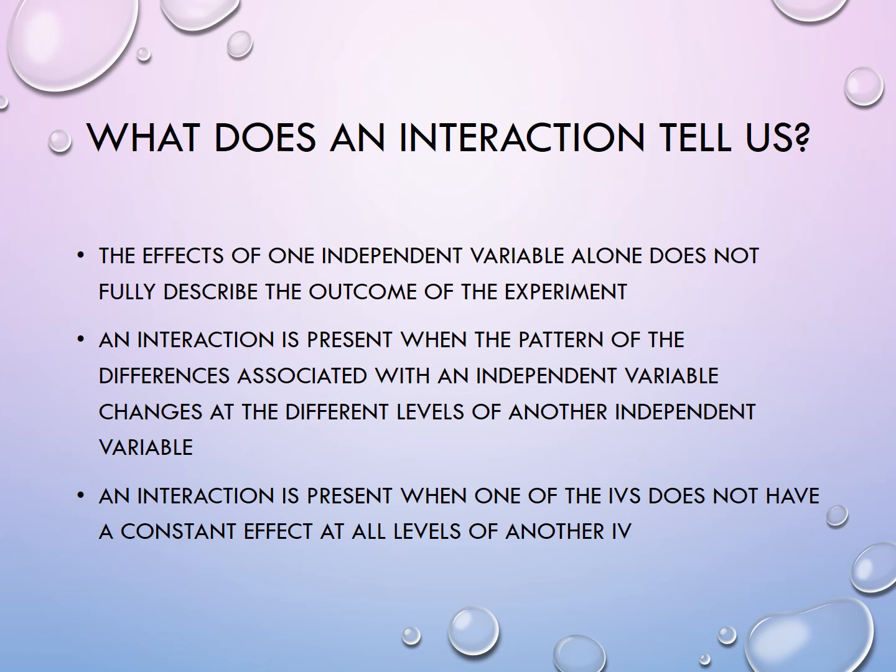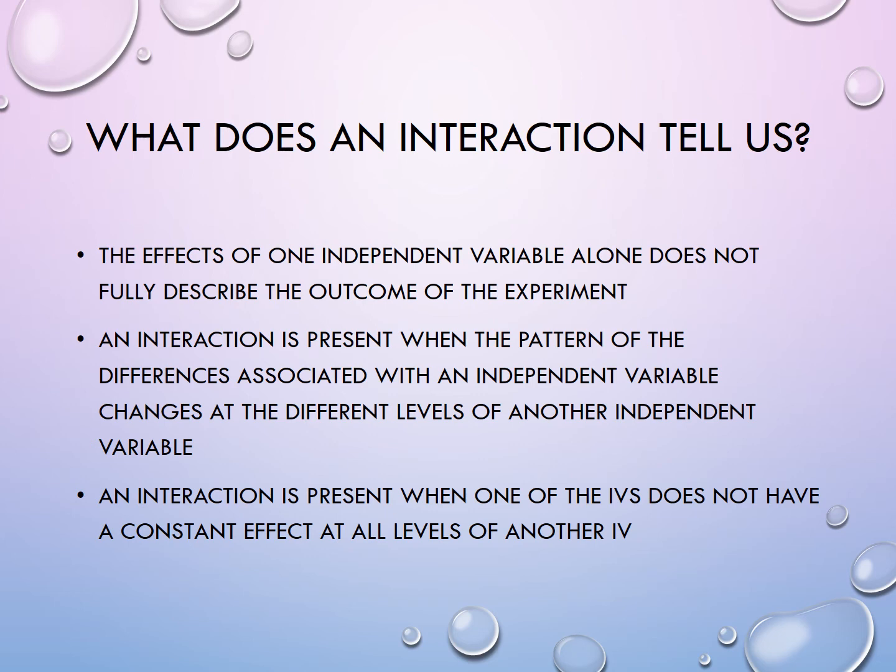Another way of saying it, an interaction is present when the pattern of differences associated with one independent variable changes at the different levels or groups. So remember, levels is like groups. So it changes at the different levels of another independent variable. An interaction is also present when one of the independent variables does not have a constant effect at all levels of another IV. This is 3 different definitions of what an interaction is.